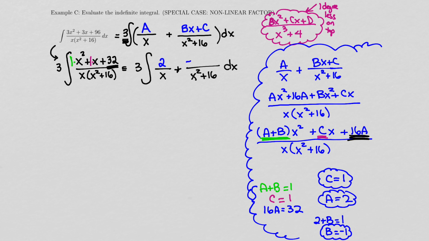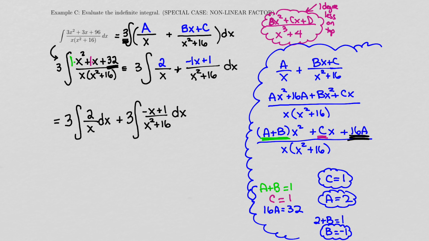B is -1. And C is 1. And so I'm actually going to split this up while I'm talking about this. Okay, I see now. I was doing 3 and... Good, I'm glad you see it.